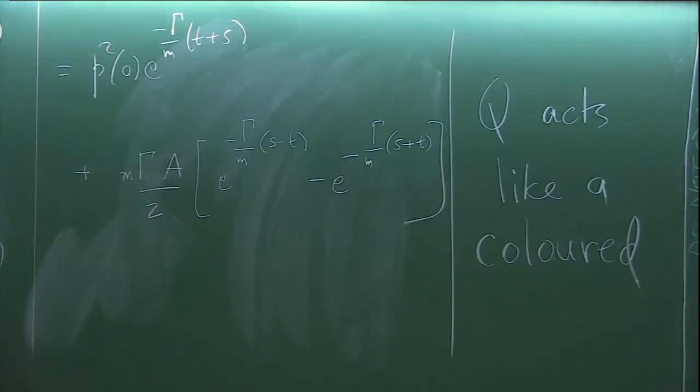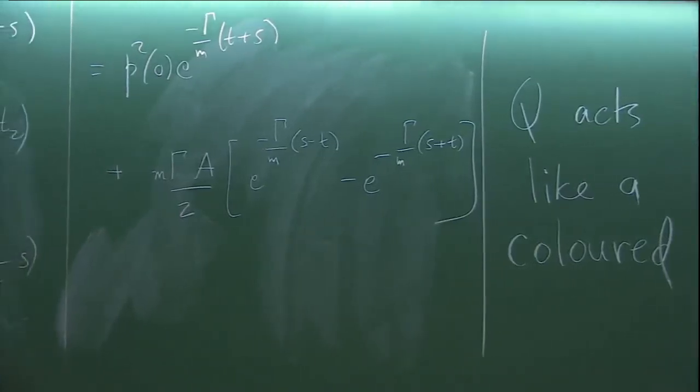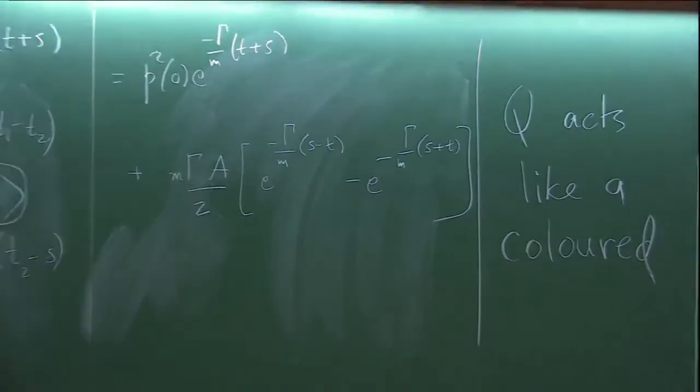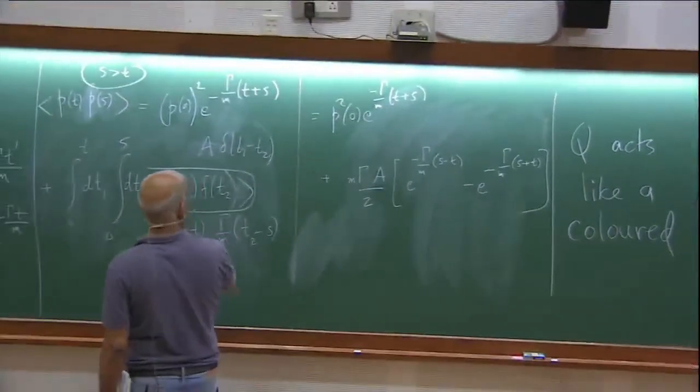I'm mildly worried about my factors of gamma. Something looks not right. Just give me a second. I think my gamma should be downstairs, shouldn't it? That's an A. I'll get M over gamma.